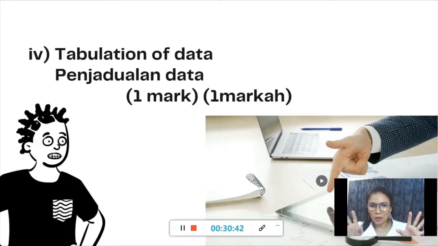Meaning to say, when it comes to this tabulation of data, you just need to draw out the table with the manipulated variable stated clearly and the responding variable stated clearly there. Enough. It will be more than enough. So let us see how the answer looks like.